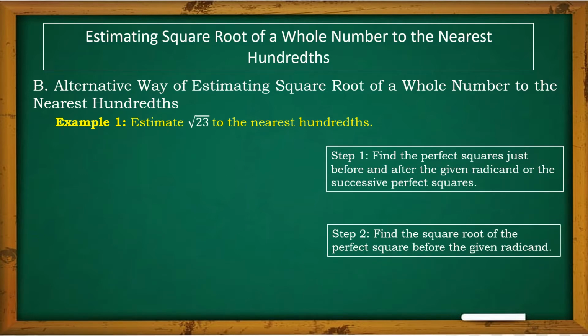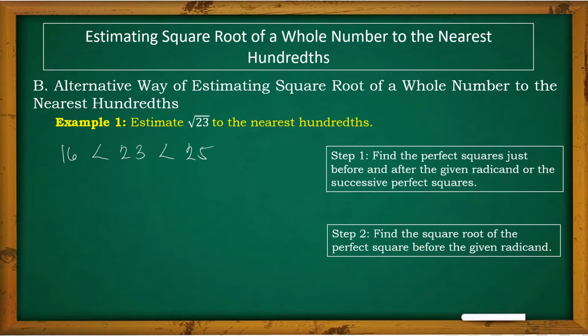Para sa ating next problem, we have to estimate the square root of 23 to the nearest hundredths. So, unang step is hanapin natin kung anong dalawang successive perfect square siya nakapagitna. So, si square root of 23 ay matatagpuan sa pagitan ni 16 at ni 25.